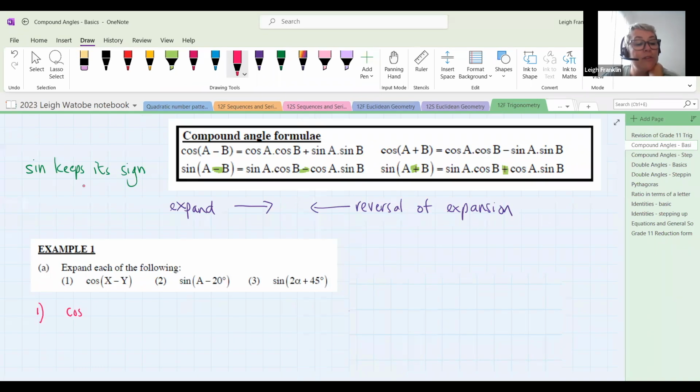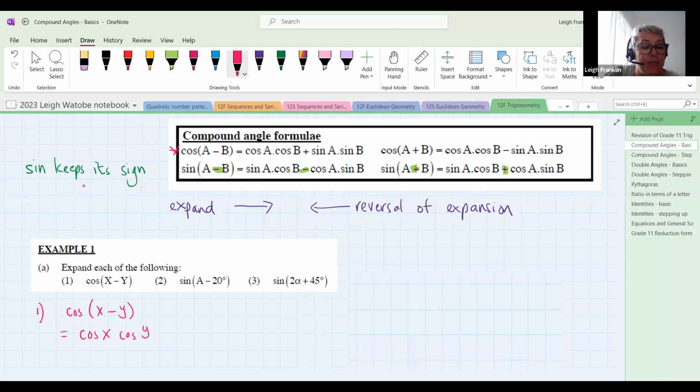So they've given us cos x minus y. So now we're going to go and look here. What does it look like? Right? It looks like this one over here where I'm putting the pink star. It's cos A minus B or cos x minus y. So now when I expand it, I'm going to write cos x cos y.